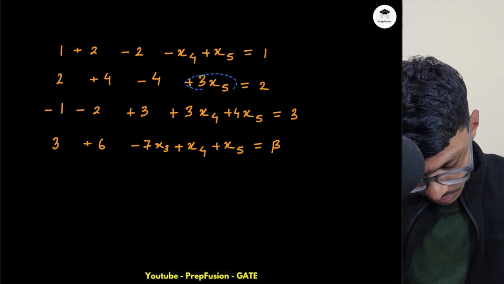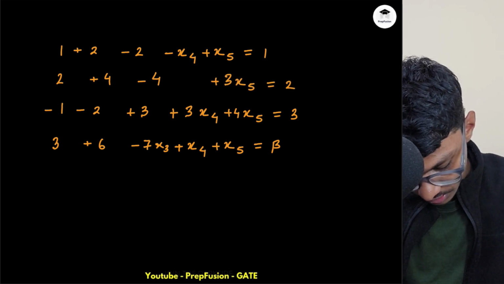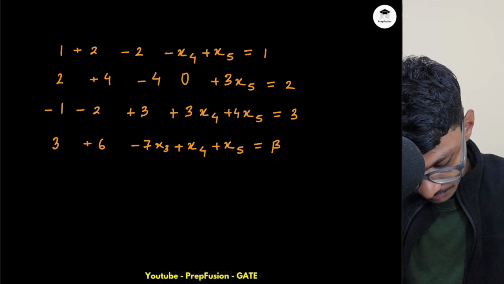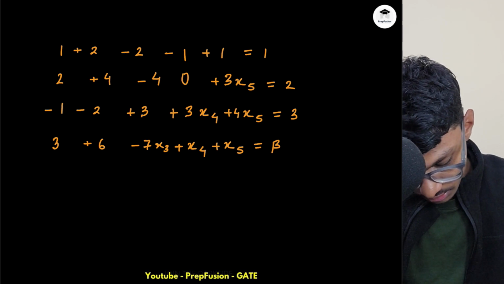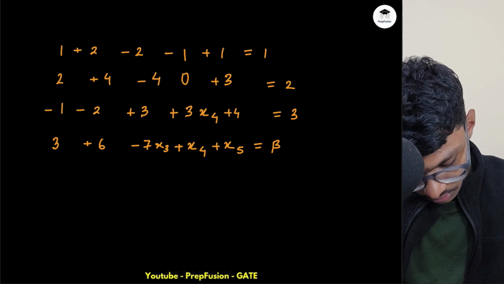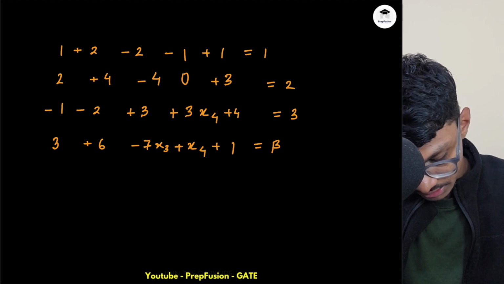Now x5 is here, so there is a gap over here, so this will all be on the right hand side. This x4 will be 0 only. And this is -1, and this is 1. And this is 3, this is 4, this is 1 again on the right hand side. This is the augmented matrix.